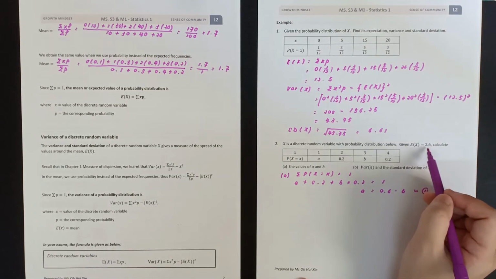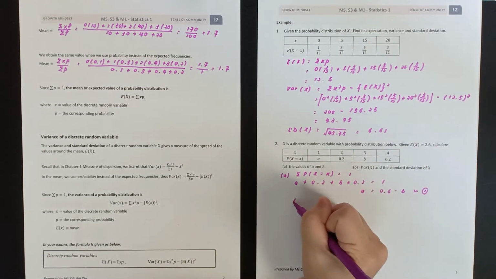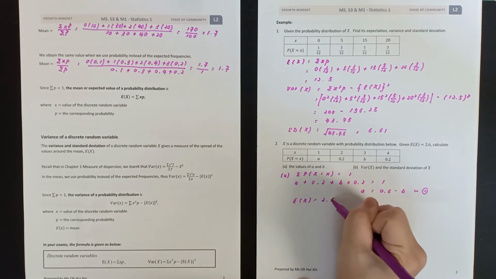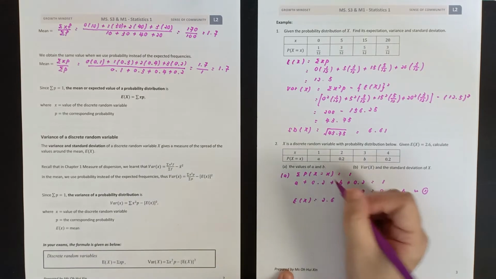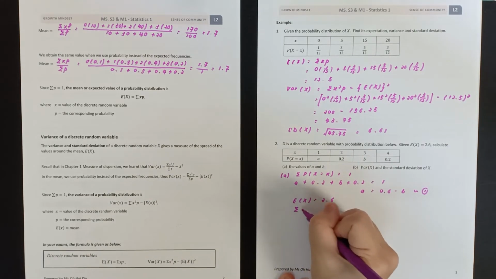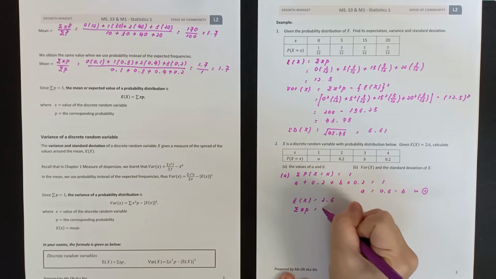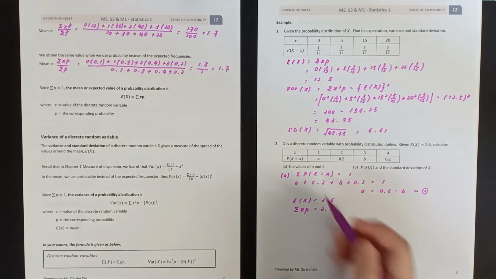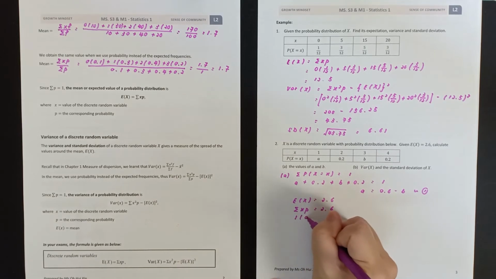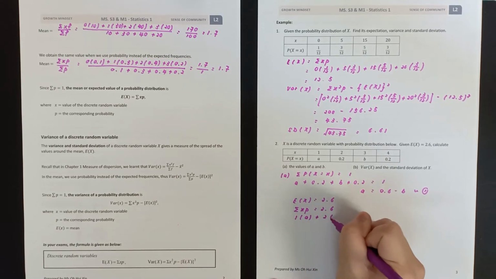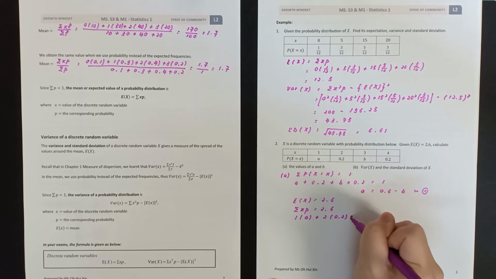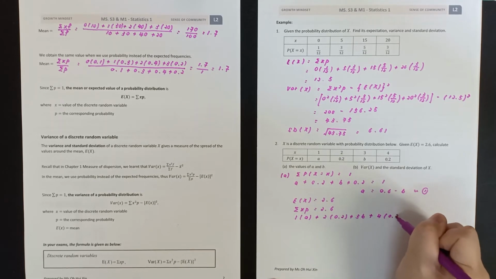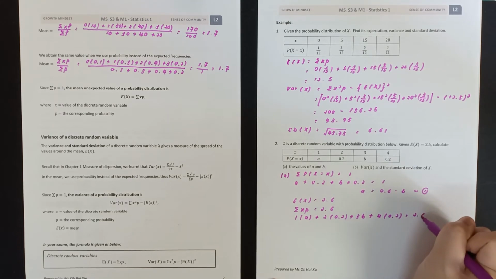E(X) equals 2.6. As the expectation of X equals 2.6, what does that mean? That means that the sum of x times p should be 2.6. So let's expand it: 1 times a plus 2 times 0.2 plus 3b plus 4 times 0.2 equals 2.6.